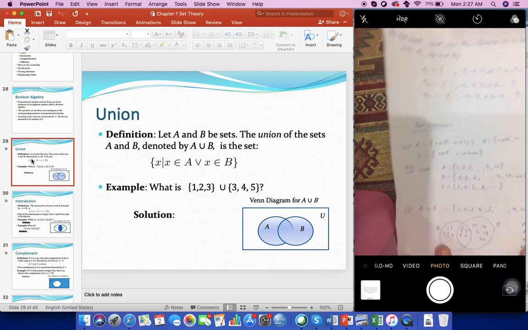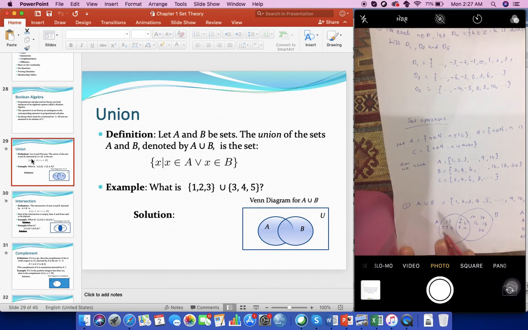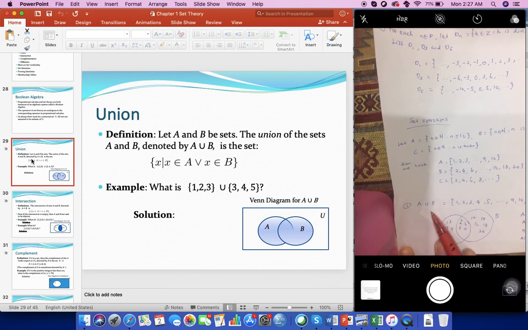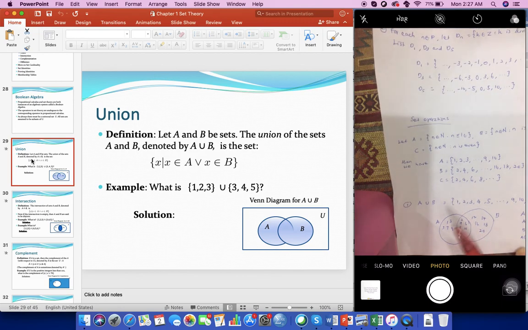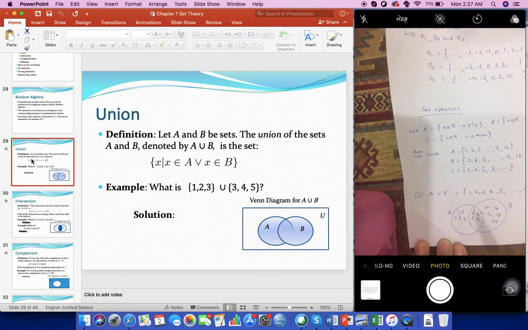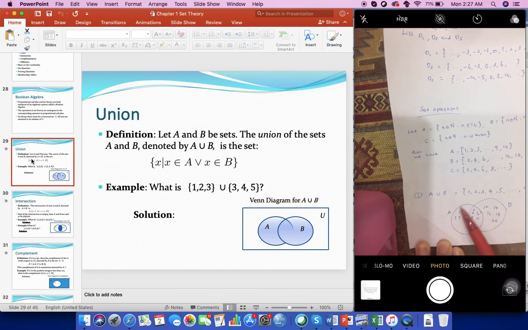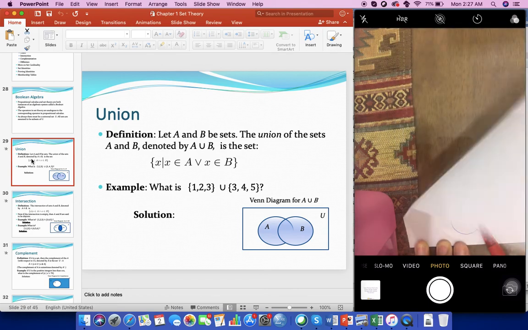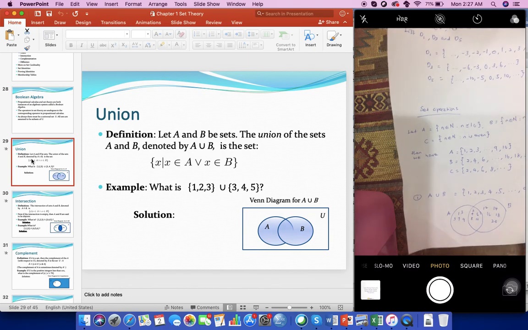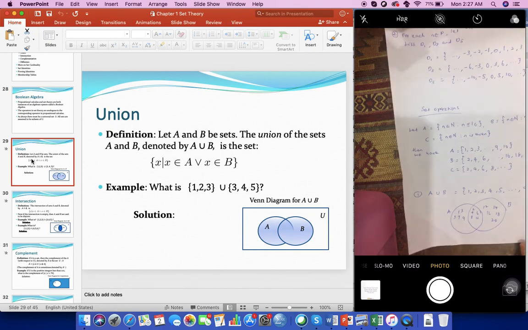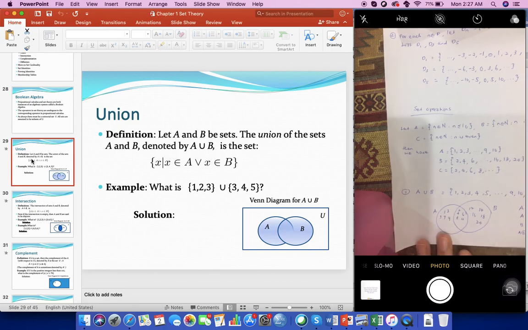So the first one, try to find A union with B. When you draw the Venn diagram, you can see that this one is set A and this is set B. For set A we know it is 1, 2, 3 until 10.